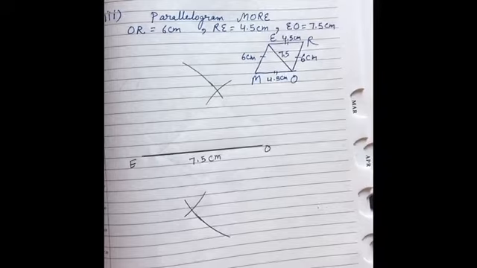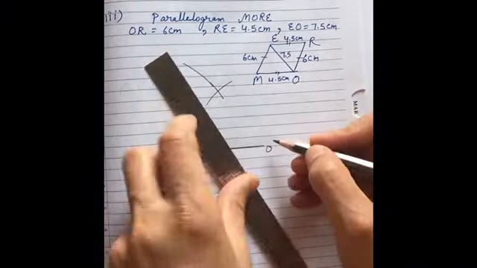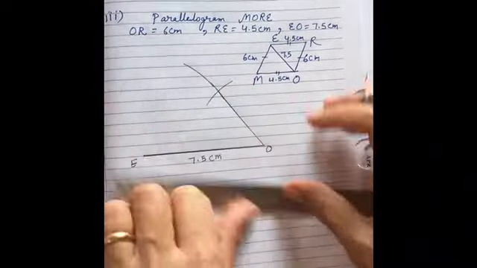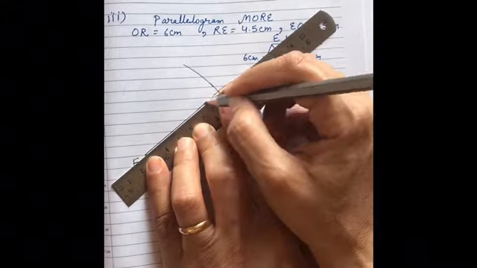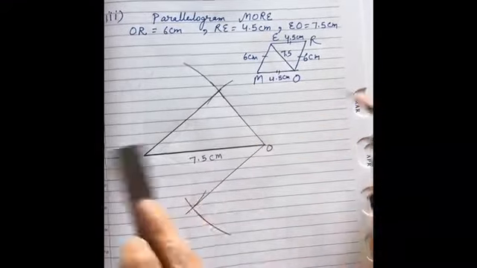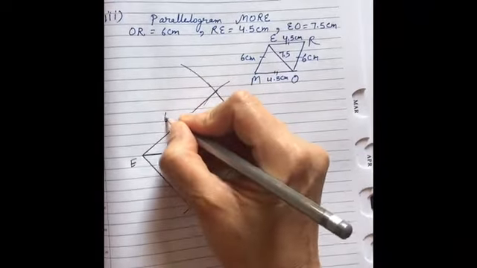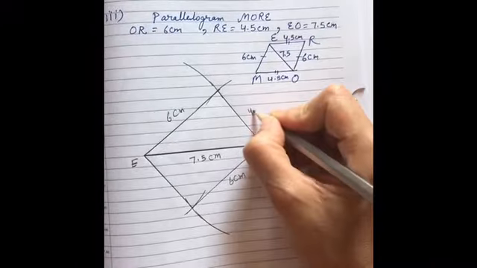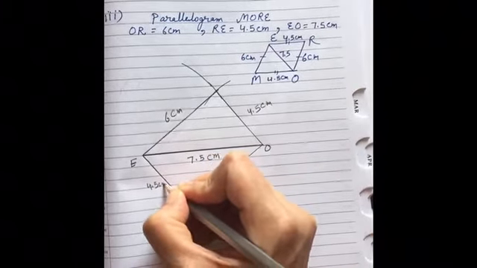Fine. Now you're going to join them first. Let's join them first. On the measurement also, this is 6 centimeter, this is also 6 centimeter, this is 4.5 centimeter, and this is also 4.5 centimeter.